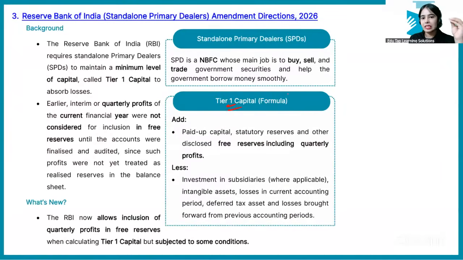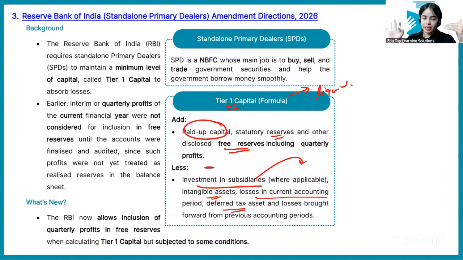Tier 1 capital is basically the most liquid capital that the bank has, that consists of the paid up equity capital, statutory reserves, free reserves, deducted by the investment that the standalone primary dealer is doing in other subsidiaries, intangible assets that are the patents or the brand value, losses, all of this has to be deducted. Deferred tax asset means in the future the tax asset will be there.